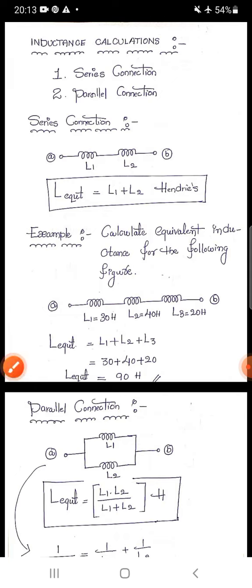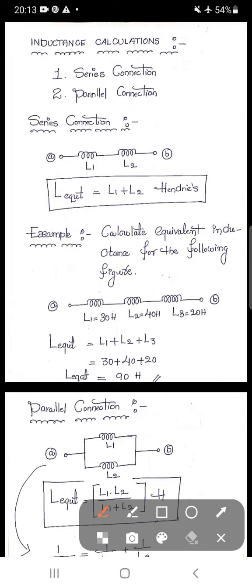First we are going to discuss the series connection. Series connection is simple. See this diagram consisting of two inductors, L1 and L2. If the inductors are connected like this, we call it a series connection.